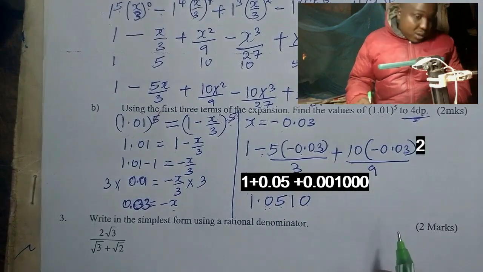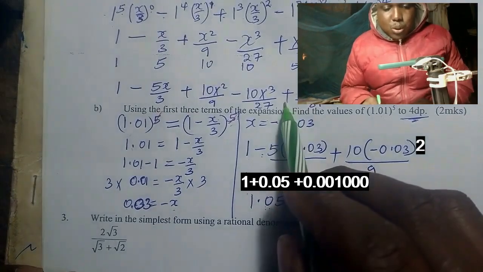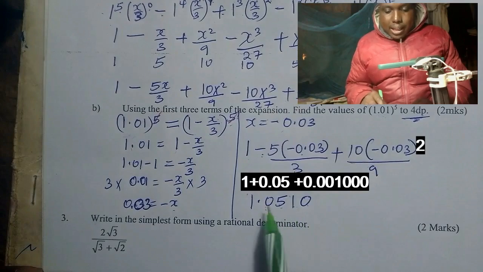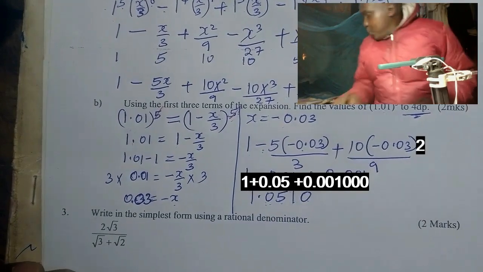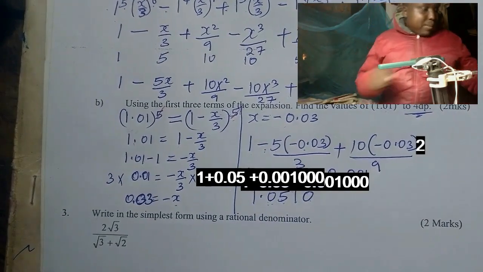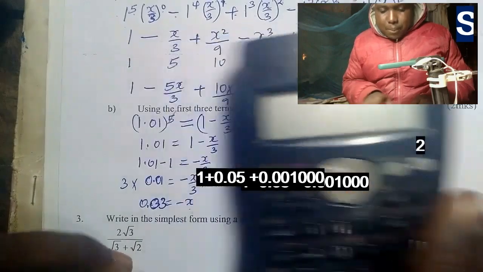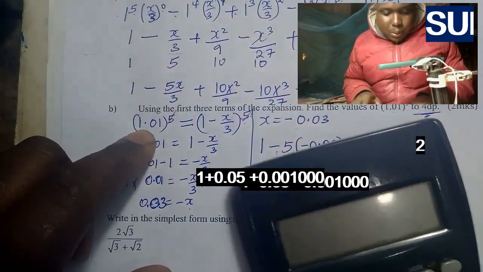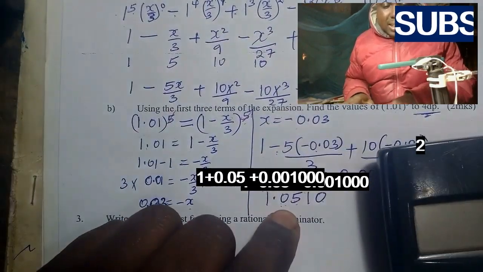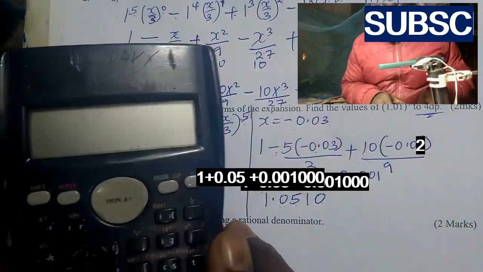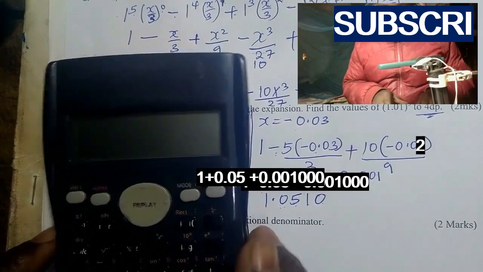And after you are finished, you need to check whether your expansion was okay, whether your answer is fine. What do you do? You bring your calculator. Where is my calculator? It's here. Then you confirm that actually 1.01 raised to power 5, the answer is this. You need to confirm and mark yourself before you are marked.